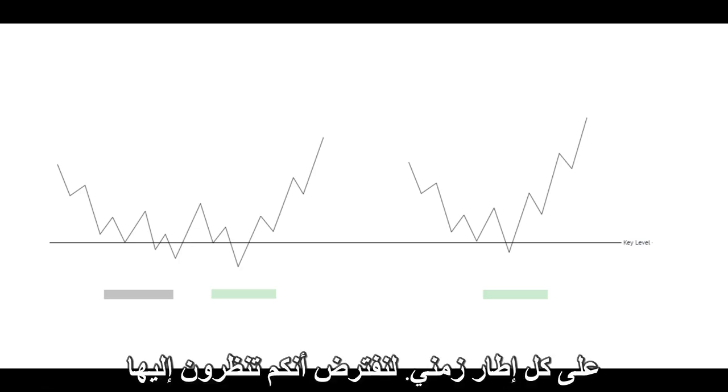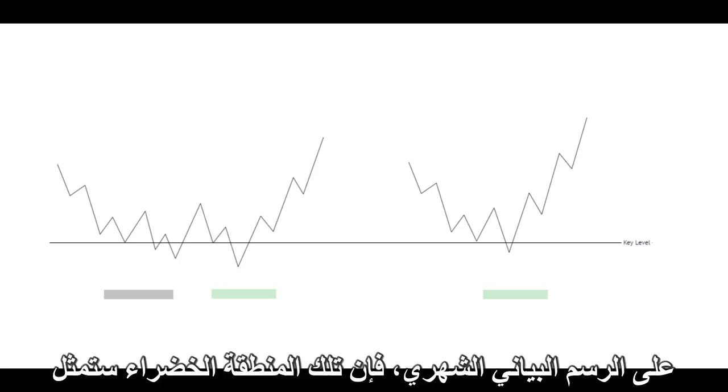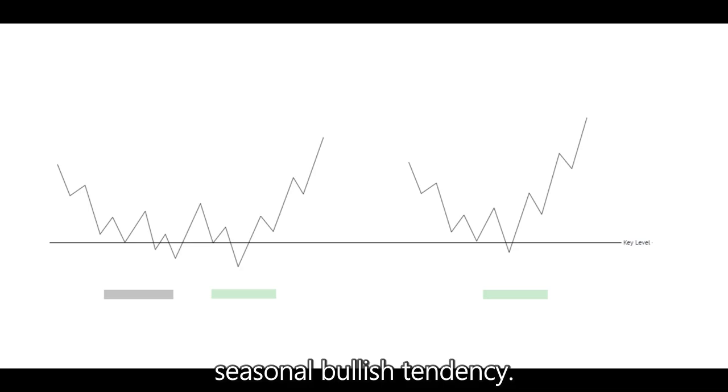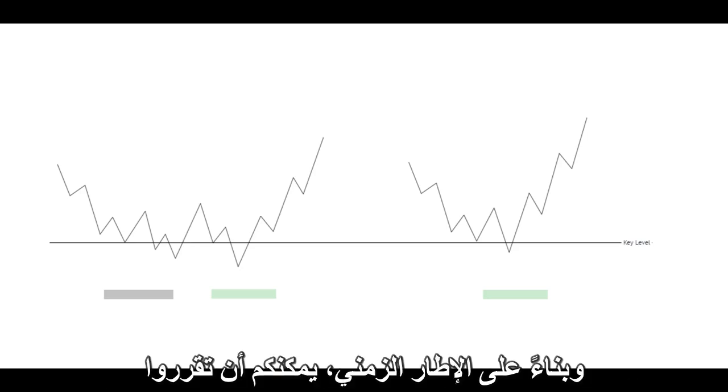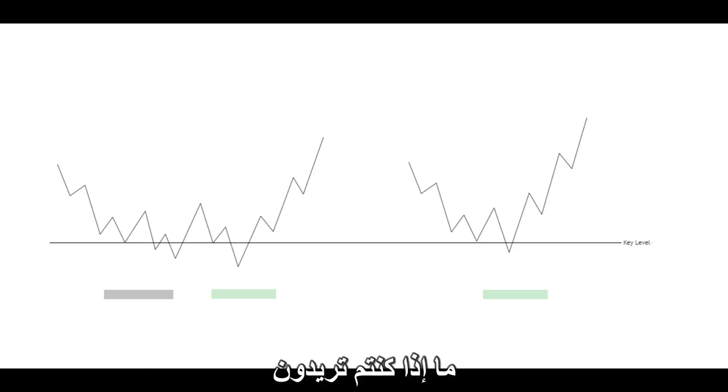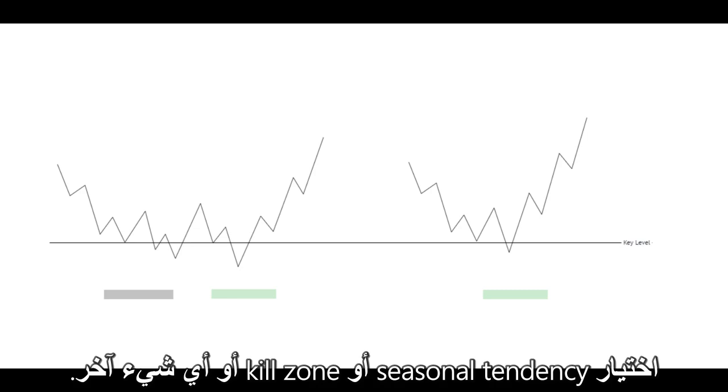It happens on every single time frame. Let's say if you are looking at it on a monthly chart, then that green area would represent a seasonal bullish tendency, right? So it all depends upon the time frame that you are looking at, right? And then based on the time frame, you can decide whether you want to choose a seasonal tendency, where you want to choose a kill zone or whatever, right?